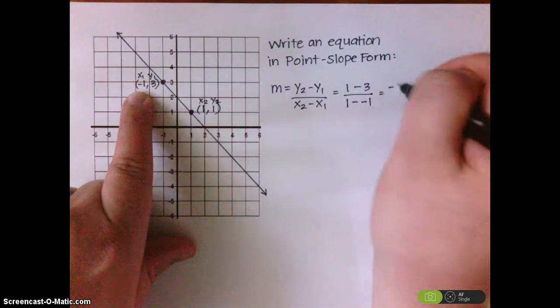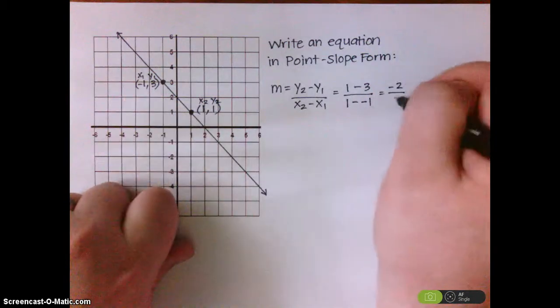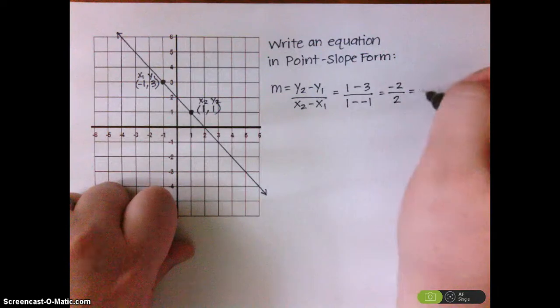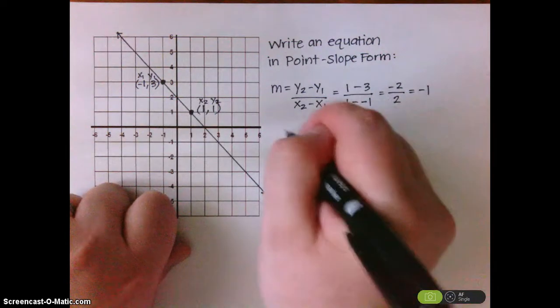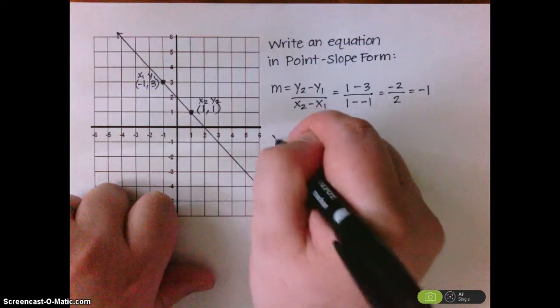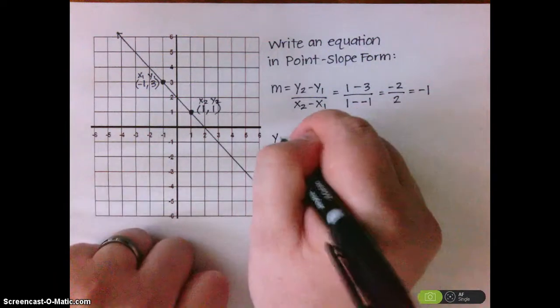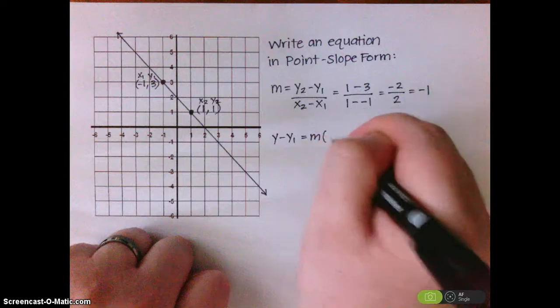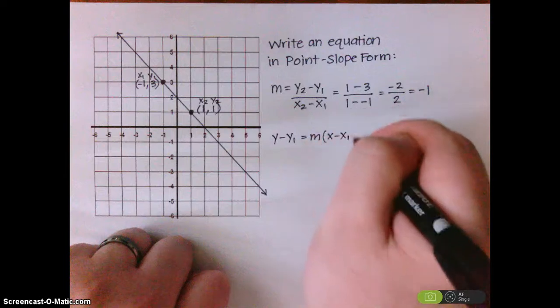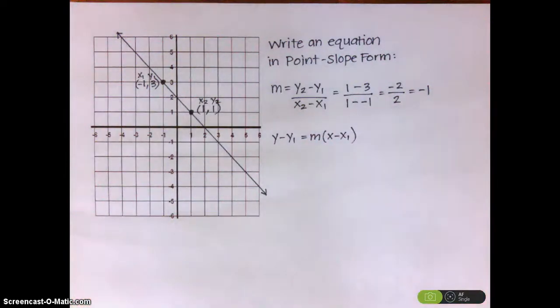So I'm left with -2 over +2, which is the slope of -1. So using my point-slope form, y minus y1 is equal to m times x minus x1. I can now use the information to write an equation.